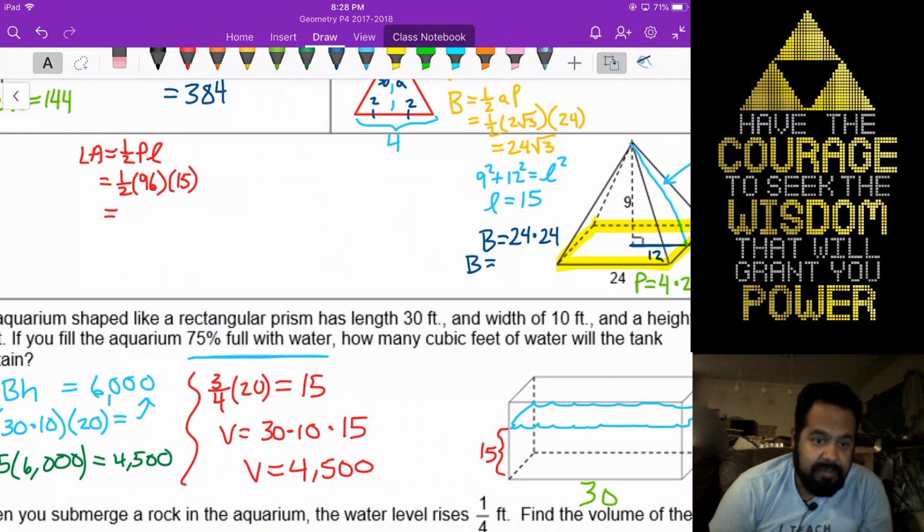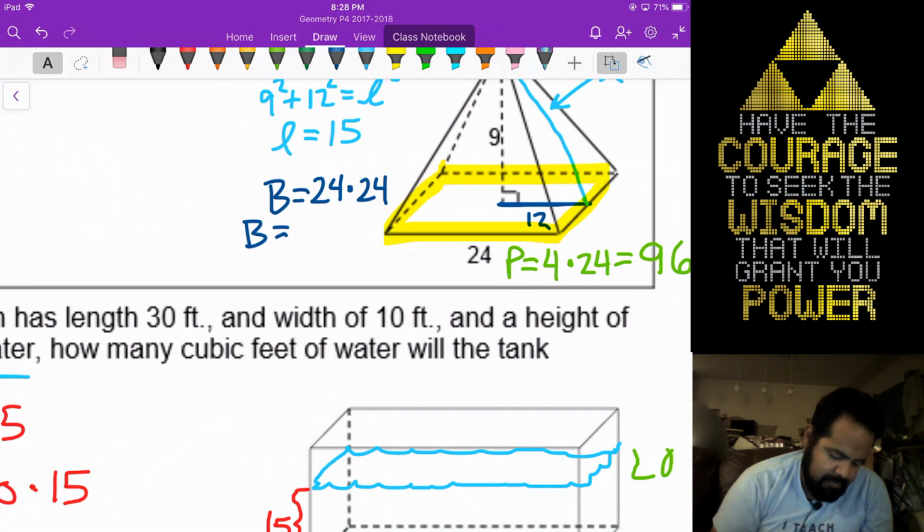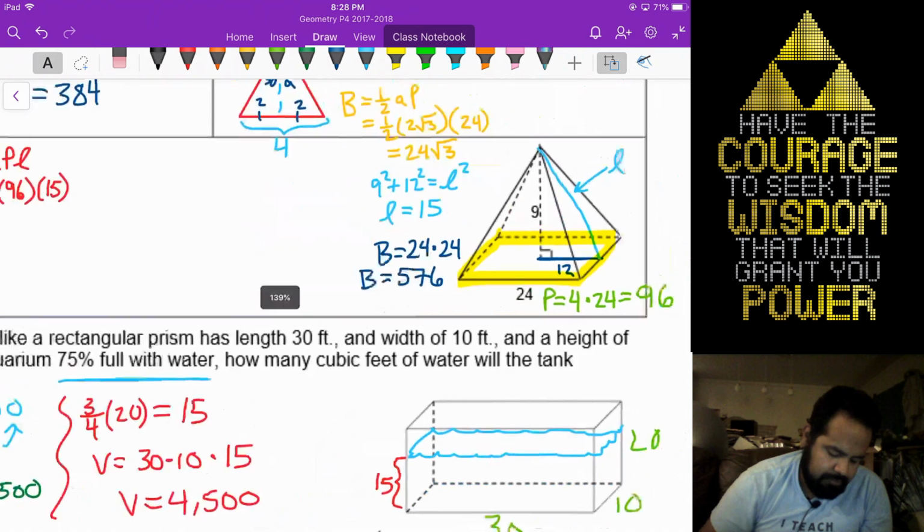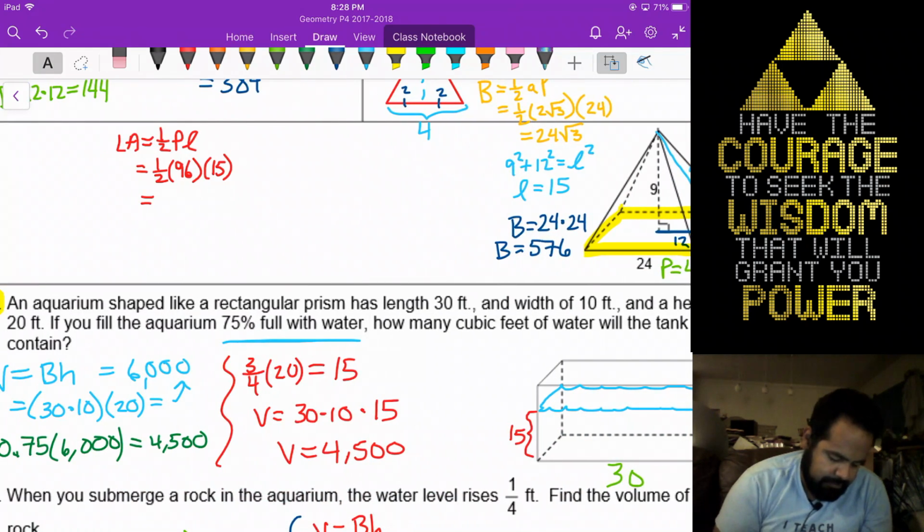Now surface base area equals 576. Thank you. Cool. Because we were going to need that in a bit.